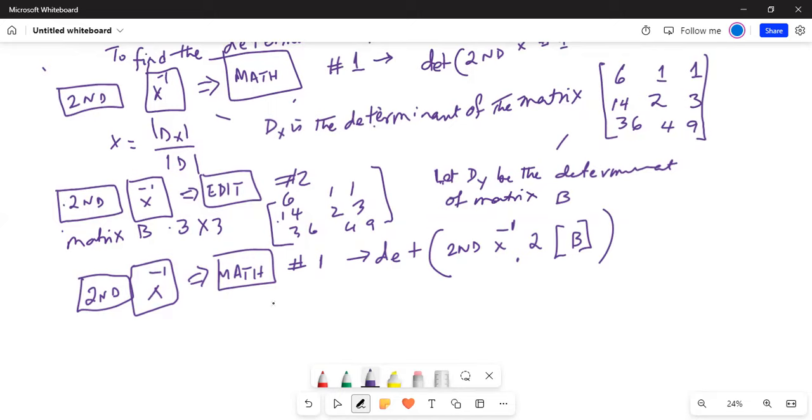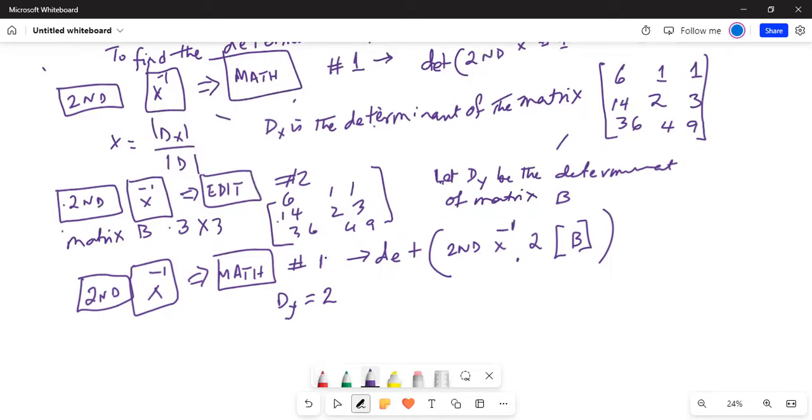So dy is working out to be 2, okay. So first we found out the determinant of matrix A, okay, and we'll keep it for later.